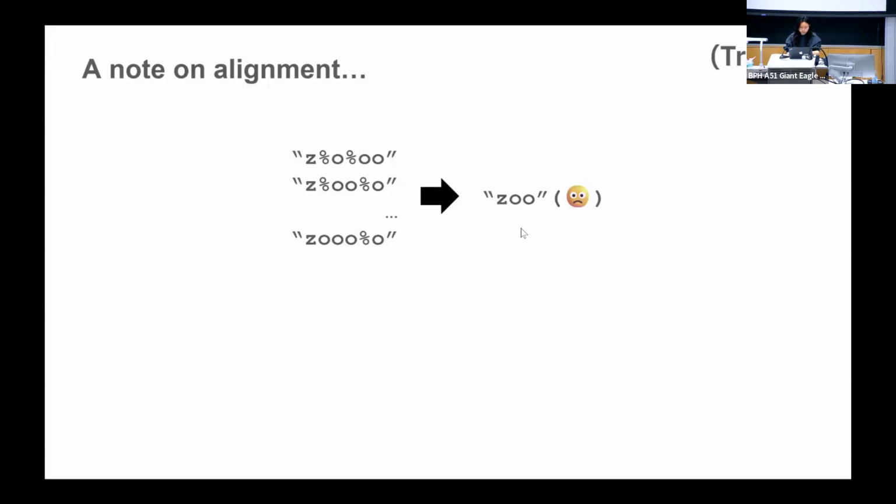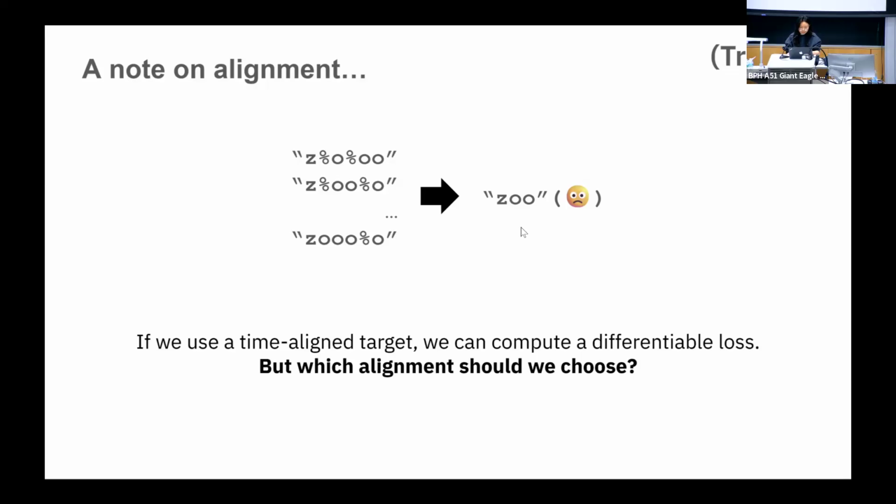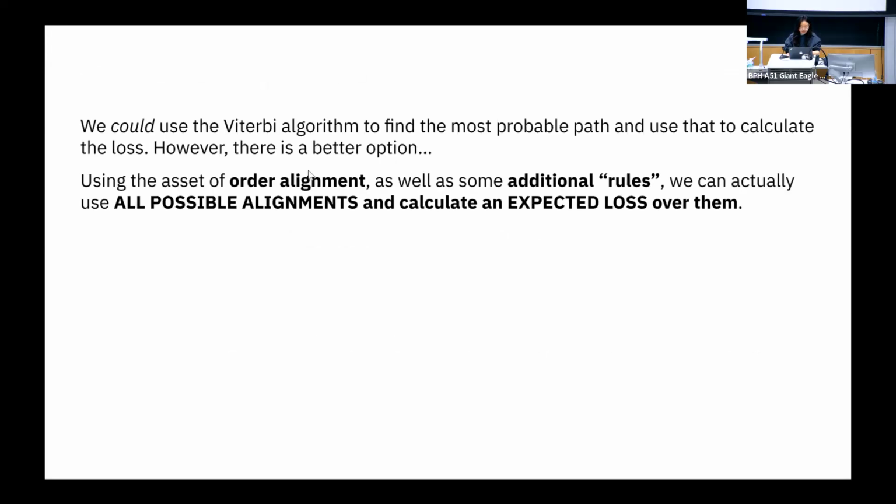So here's the problem: which alignment should we take into consideration to calculate the loss? One way, the Viterbi algorithm, is to find the most probable path. It means finding only one path and using that to calculate the loss. But it's not the better option. We have the CTC loss.